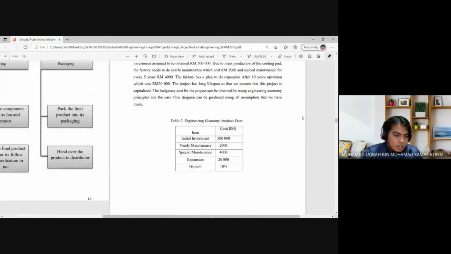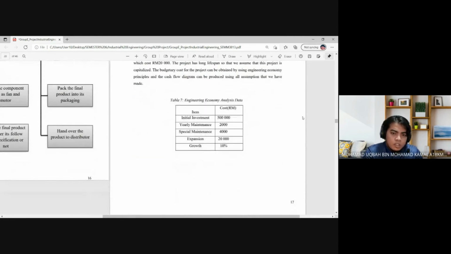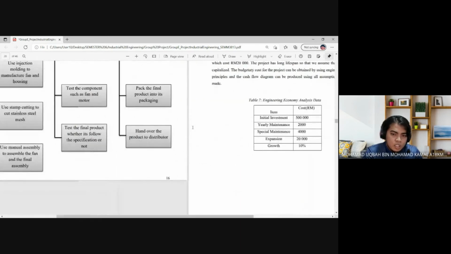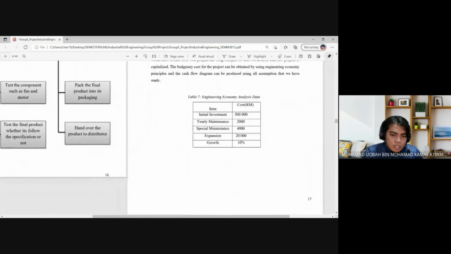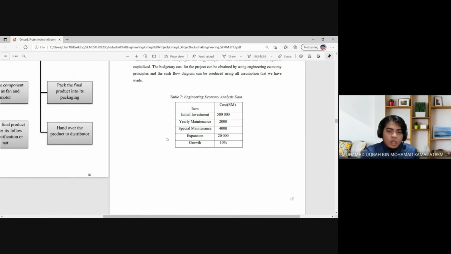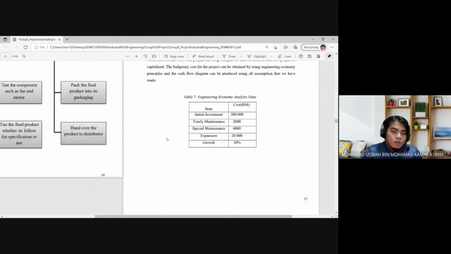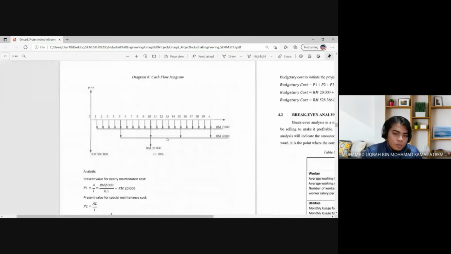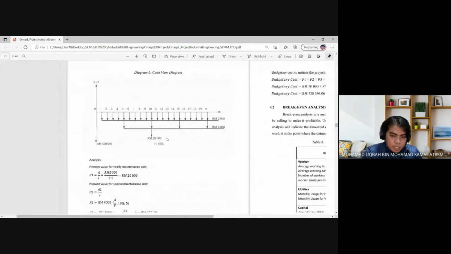For the engineering economy analysis, we estimate the budgetary cost based on 4 types of costs, which are initial investment, yearly maintenance, special maintenance which is required every 5 years, and the expansion cost after 10 years of the project. The estimated growth of all costs is 10%. Apart from that, the lifespan of this project is assumed to be capitalized.